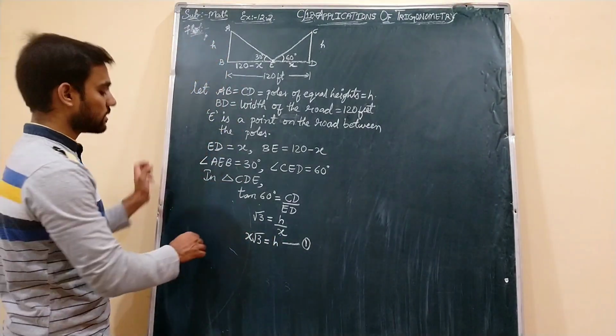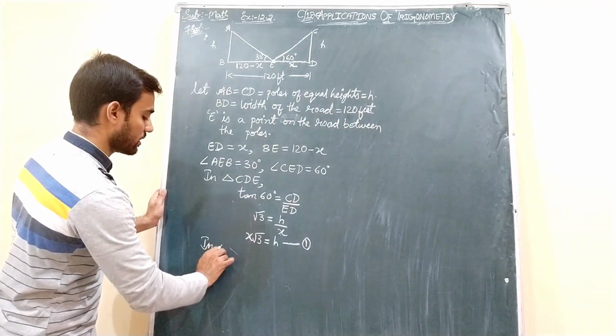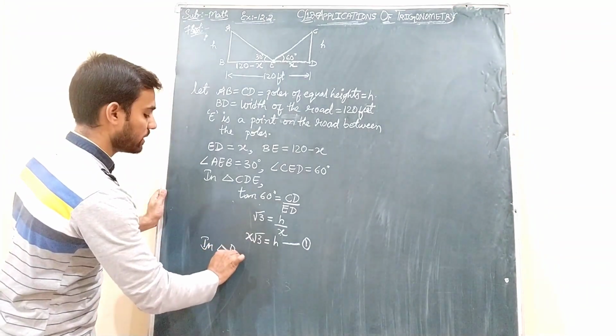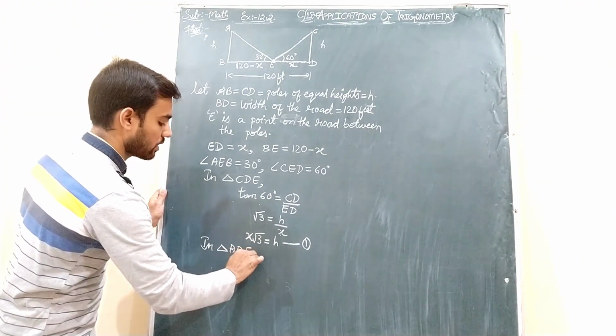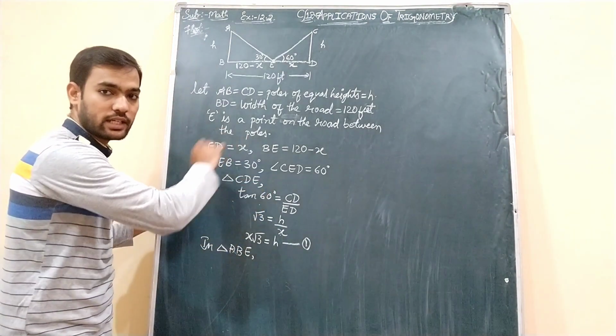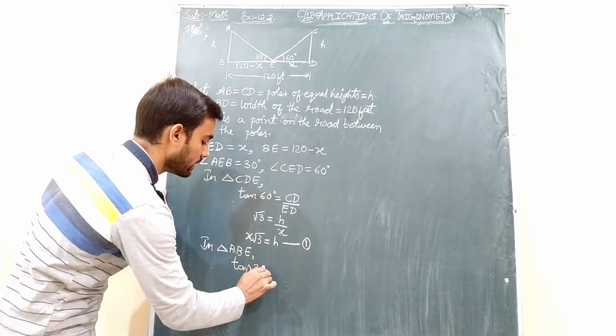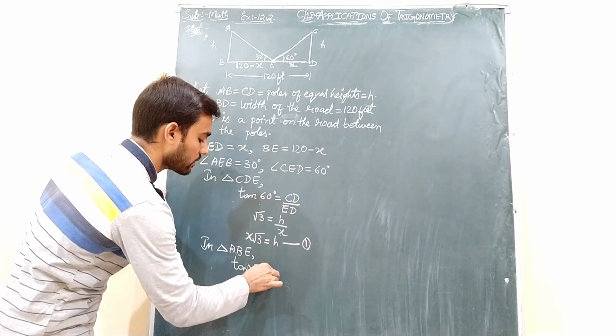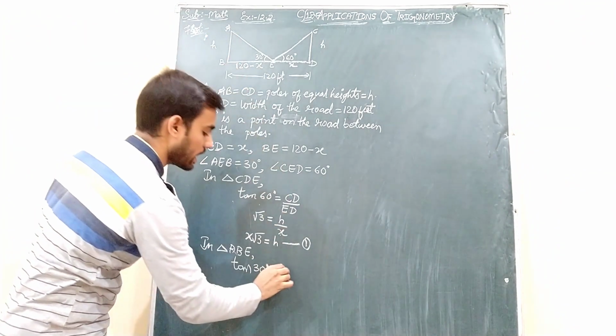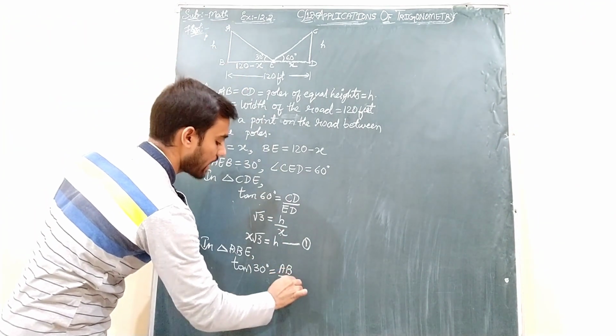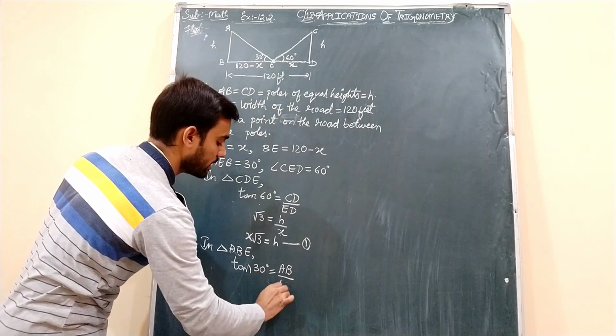Now proceeding to this triangle, in triangle ABE, as you have taken tan here, here also you need to take tan ratio students. Tan 30 degree equals opposite side AB and adjacent side BE.